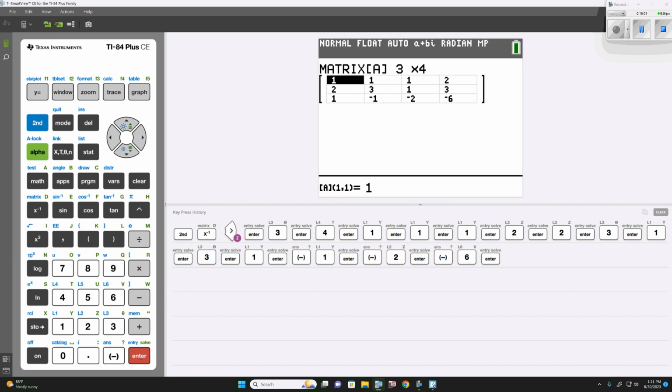Once you get it all typed in, go second mode. Enter. Yep. So 1, 2. Enter. 1, negative 1.